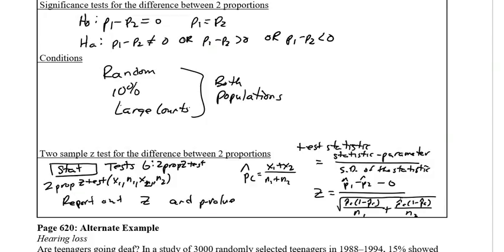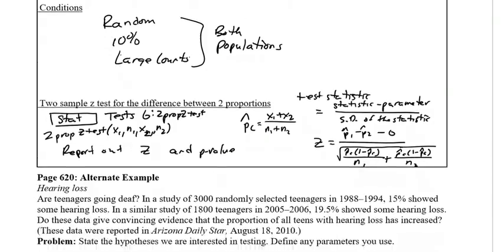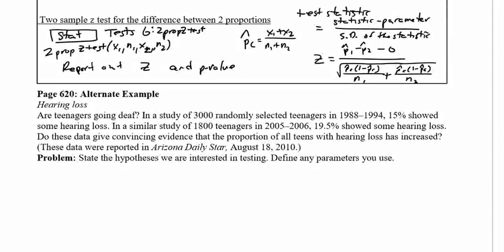Now, are teenagers going deaf? In a study of 3,000 randomly selected teenagers in 1988 to 1994, 15% showed some hearing loss. In a similar study of 1,800 teenagers in 2005-2006, 19.5% showed some hearing loss. Do these data give convincing evidence that the proportion of all teens with hearing loss has increased?